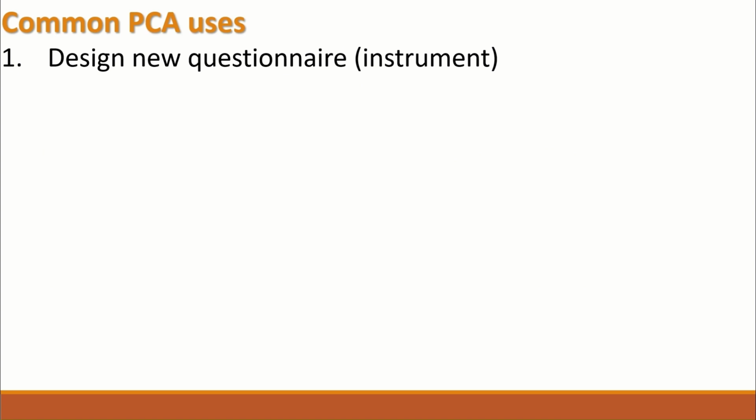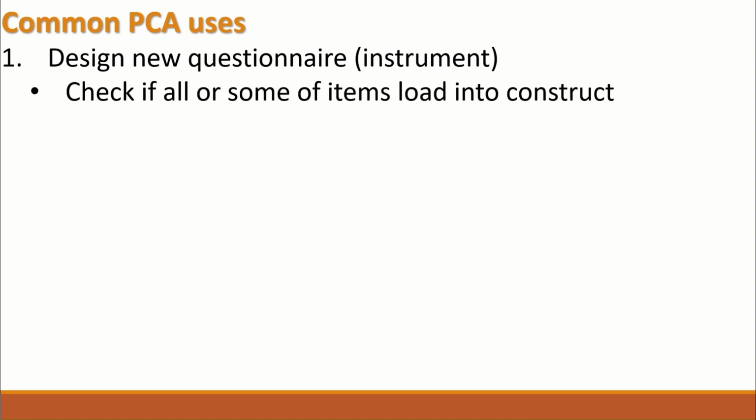When a researcher starts to design a new questionnaire, instrument or scale, PCA is a useful statistical method. The objective of performing that method is to check if all or some of the items load into a construct.